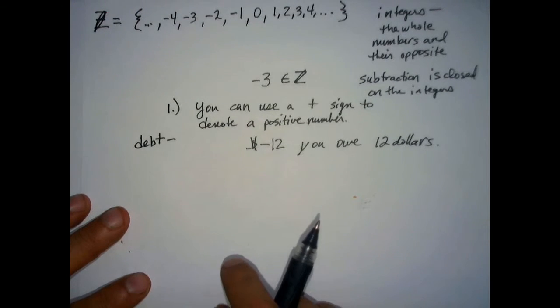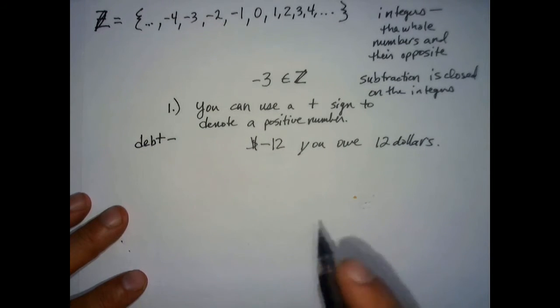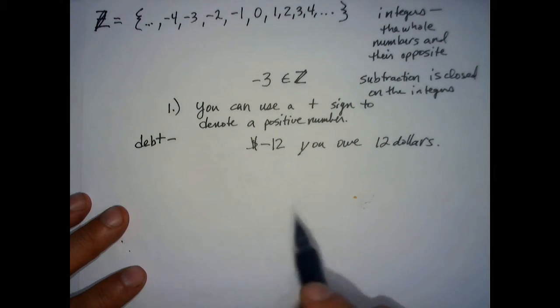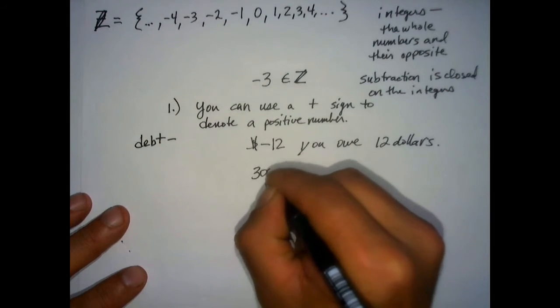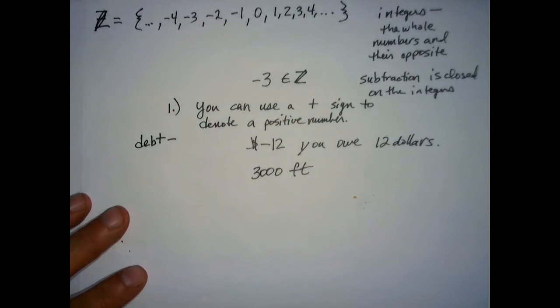Another big one, temperature. 30 degrees below 0 is colder than positive, so it's less than 0. Elevation. If you are 3,000 feet underwater, your elevation is -3,000 feet.